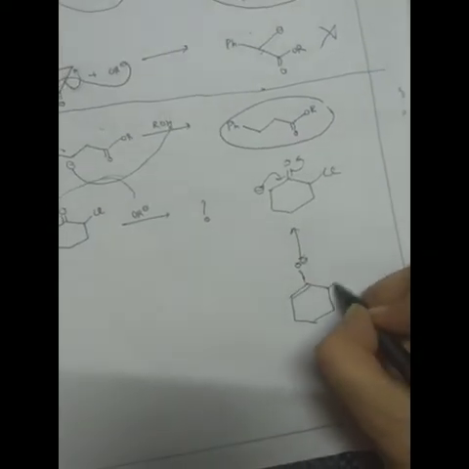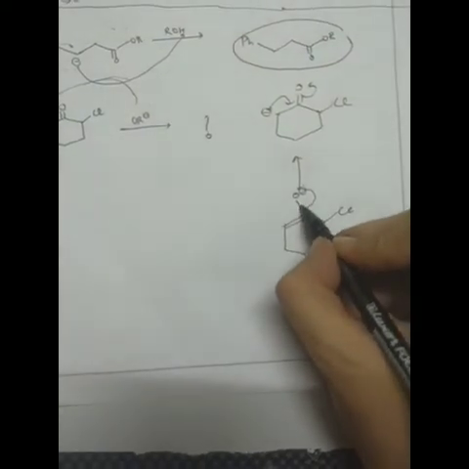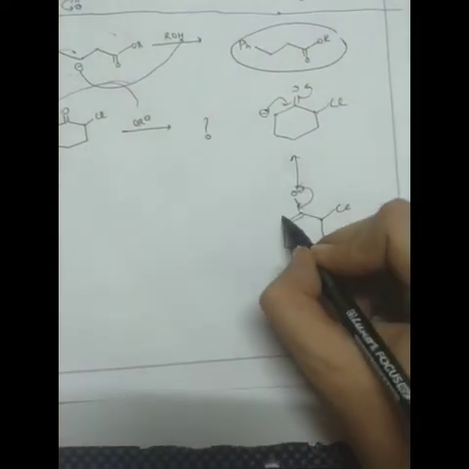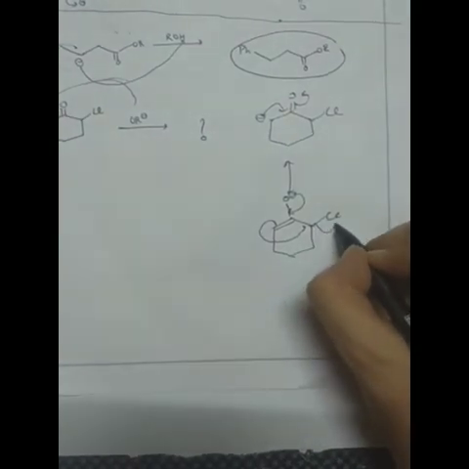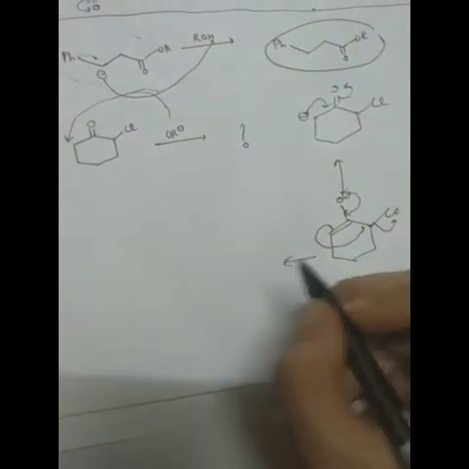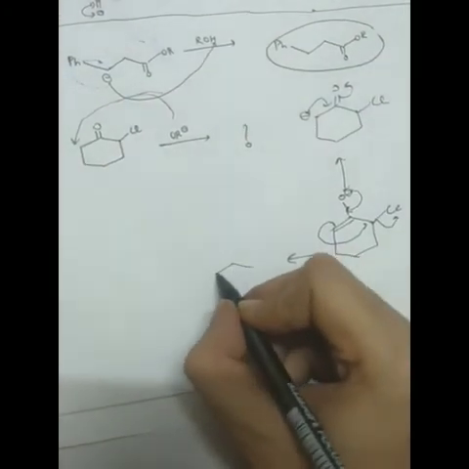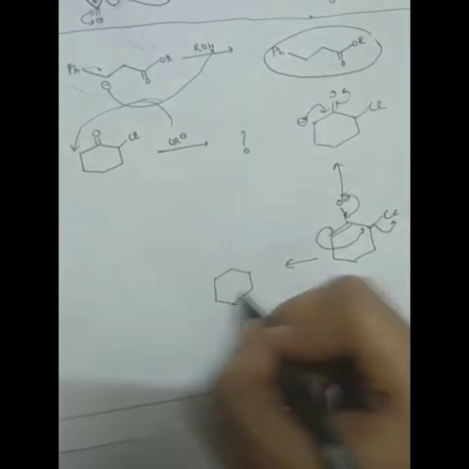The enolate is formed, right? When this negative comes back, this bond attacks here in the sigma antibonding and this Cl leaves. So somehow like this. This was a 6-membered ring.